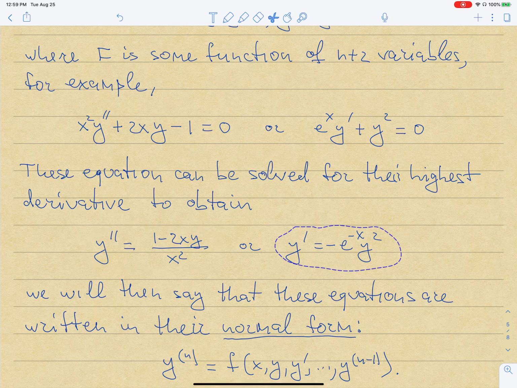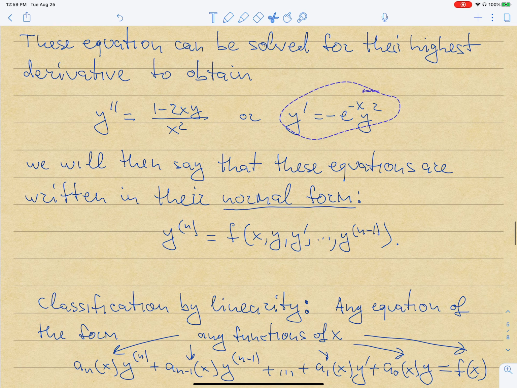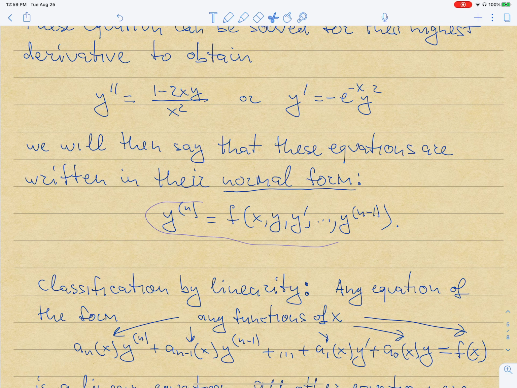Now, if your ODE is written in such a way that it is solved for the highest derivative, then we will say that these equations are in a normal form. So this first equation in a normal form looks like this. The second equation in the normal form looks like that. And so any ODE that looks like this is going to be an ODE in a normal form.